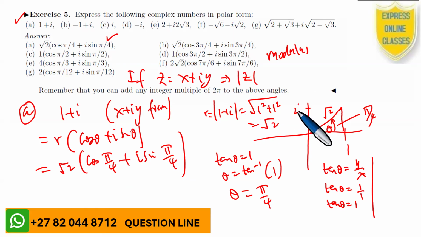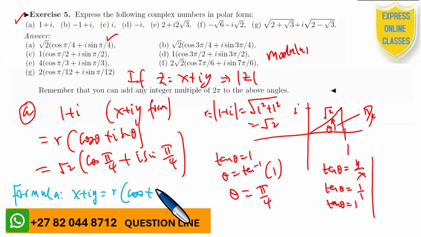Always, if you have a complex number, there's a formula we use: x plus iy is r cosine theta plus i sine theta. This is the formula. So the rectangular form is equal to the polar form.